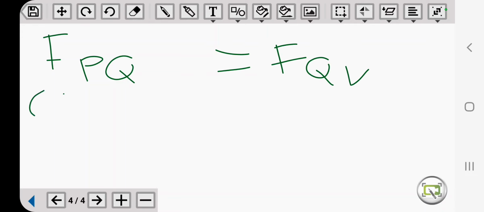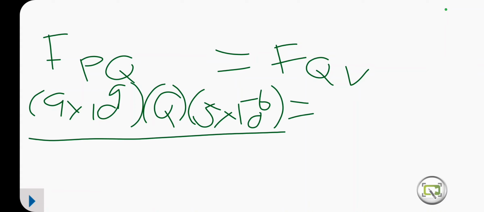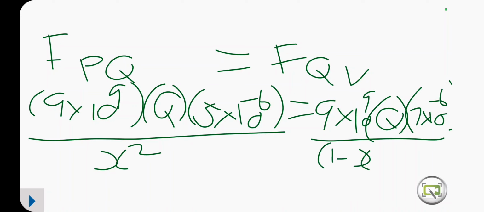Let's go. 9 times 10 to the power of 9 times Q times 5 times 10 to the power of negative 6, over x squared, is equal to 9 times 10 to the power of 9 times Q times 7 times 10 to the power of negative 6, over 1 minus x, all of it squared.